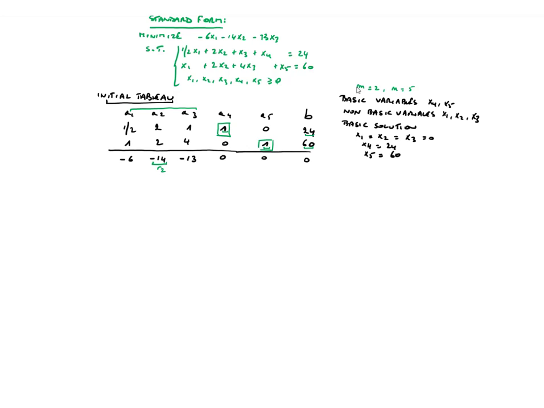So what we'll do is compute yi0 over yi2, right? So this one divided by this one, that's 12. This one divided by this one, that's 30. So this means that the smallest non-negative value in this column is 12, and we have here the new pivot.